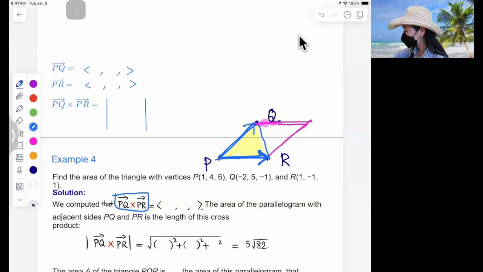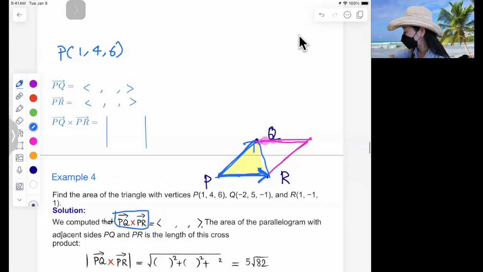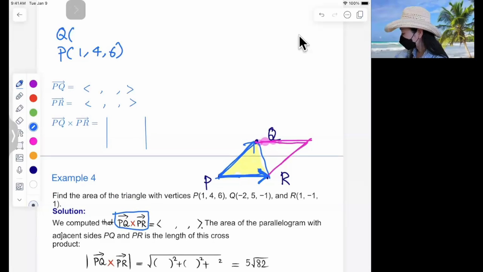So PQ here, because P is this vector, P here is (1, 4, 6). And then Q is (-2, 5, -1), right? So to find the vector PQ, you take the components, stack them, and subtract.